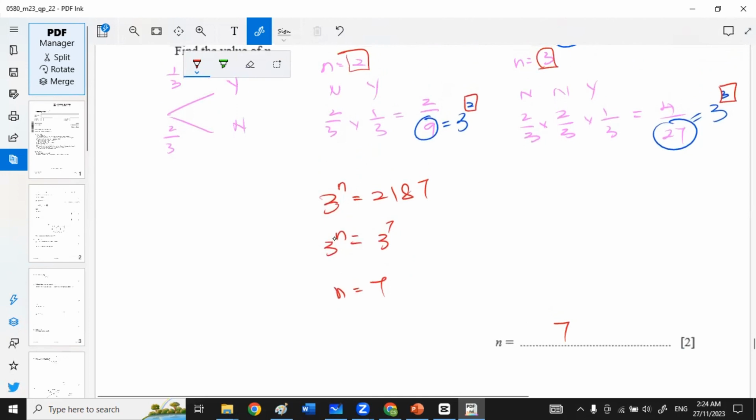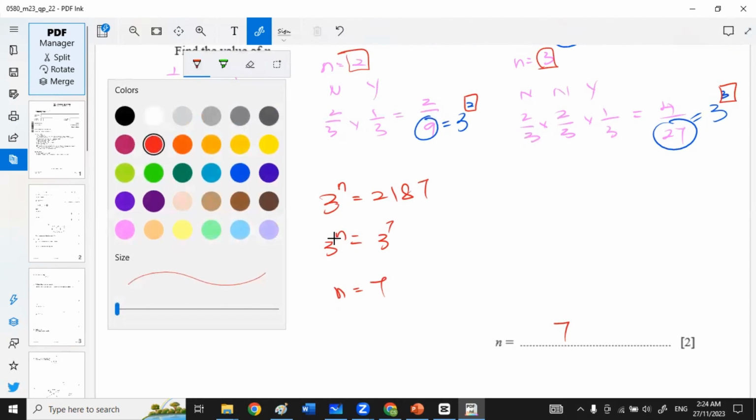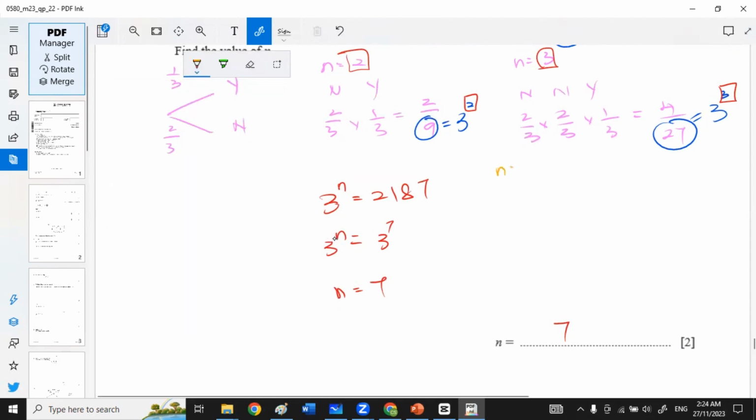Okay, if you want to check, when your n equals 7, so it's no 1, 2, 3, 4, 5, 6, and yes.